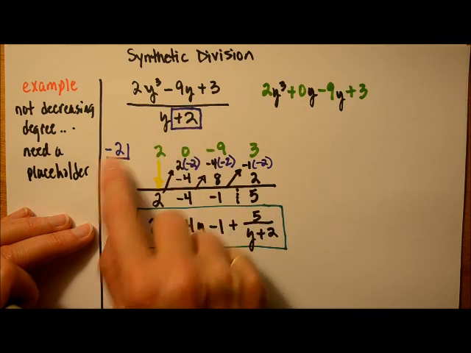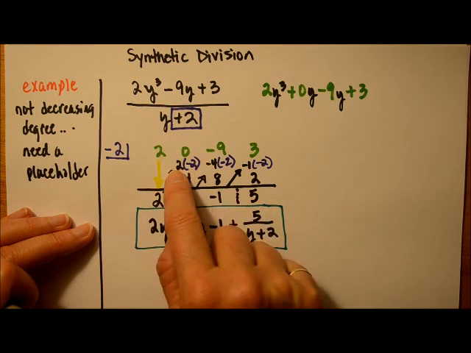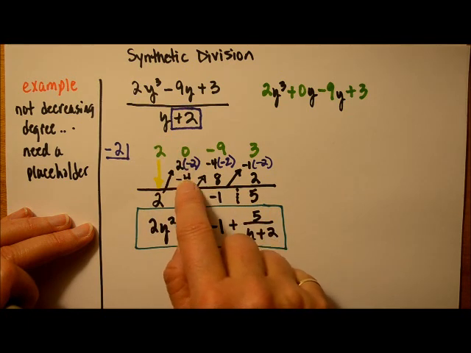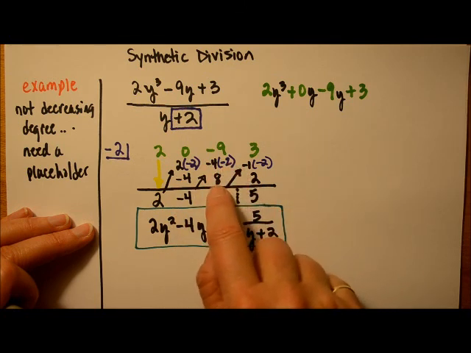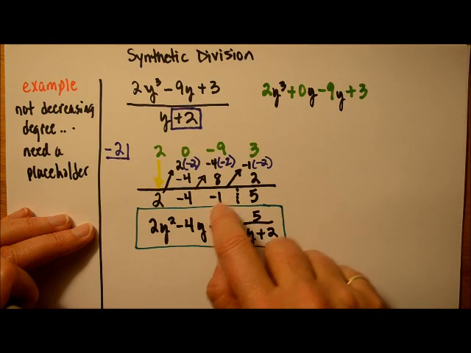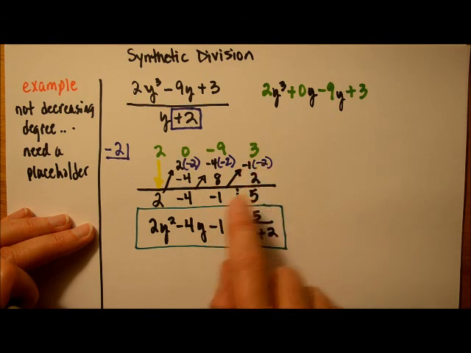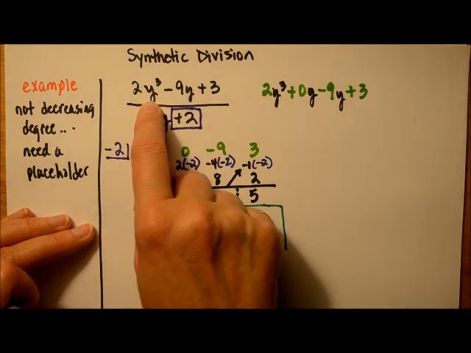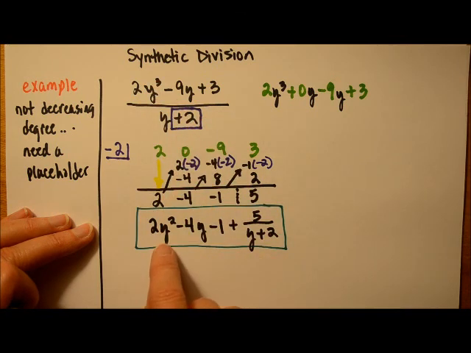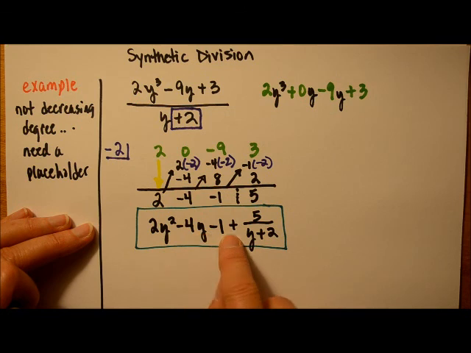Steps are bring down the first number, bring this one up, multiply by the c, get a new number, add, bring that guy up, multiply by c, you get a new number, add, bring that guy up, multiply by c, you get a new number, add. You have all the numbers you need. Go back up to the highest exponent, which is 3. I went to y squared and filled in each of these numbers, y squared, y.